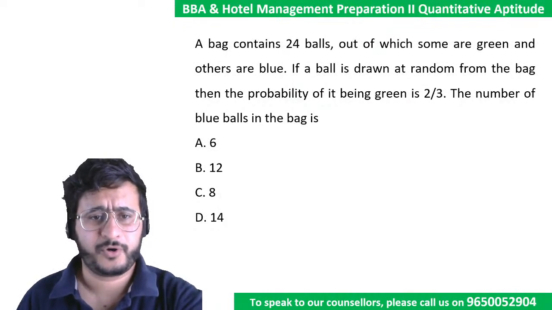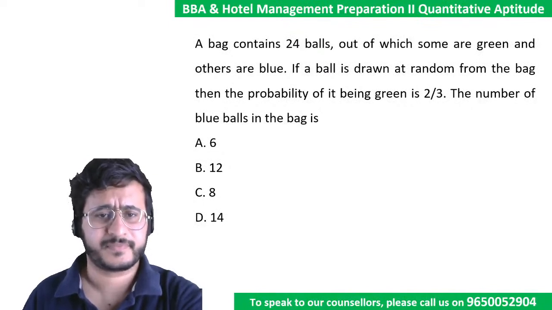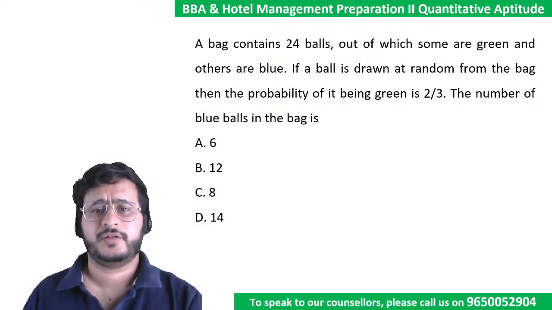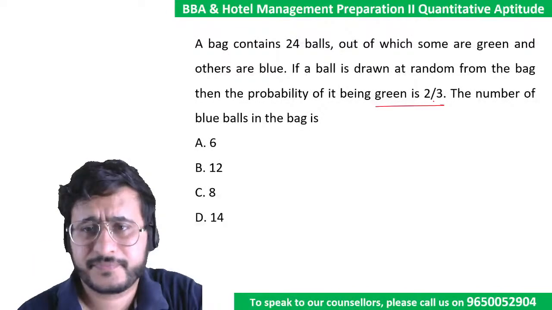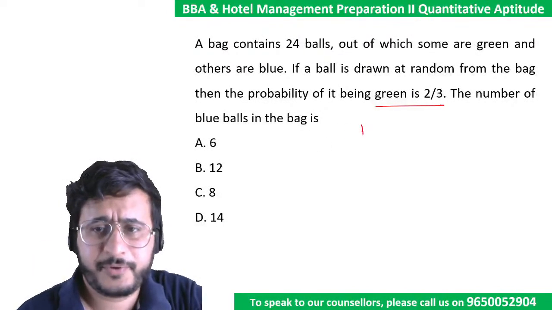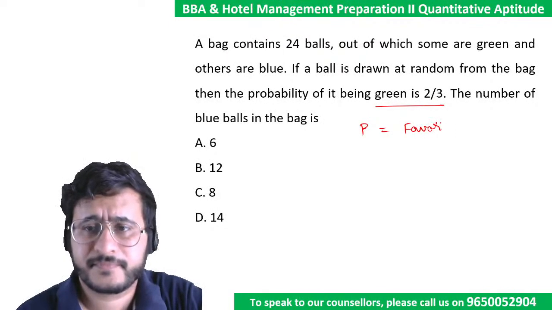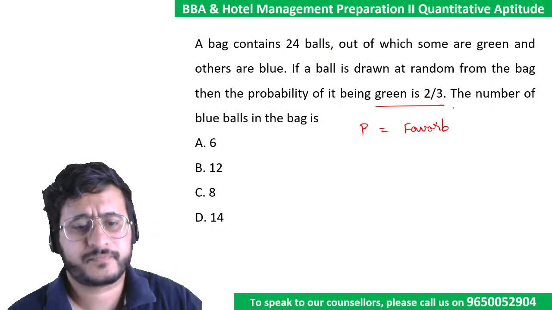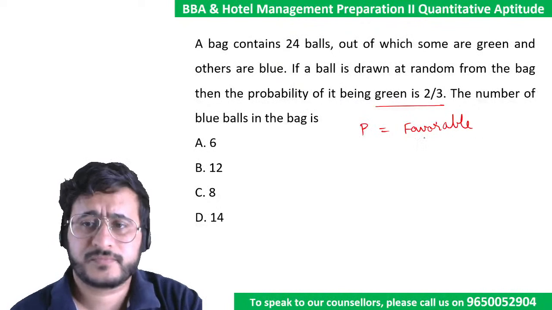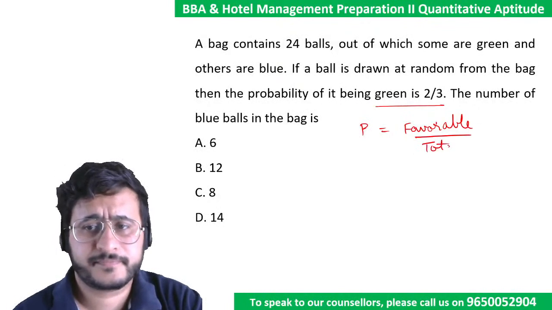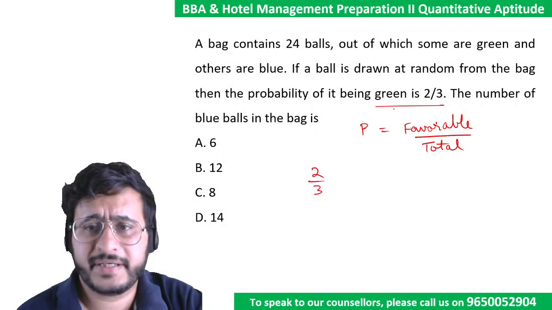So there are 24 balls and you have green and blue balls. The probability of being green is 2 by 3. What is probability? Probability is favorable upon total, right? So what is given to you? You're given the probability of a green ball.